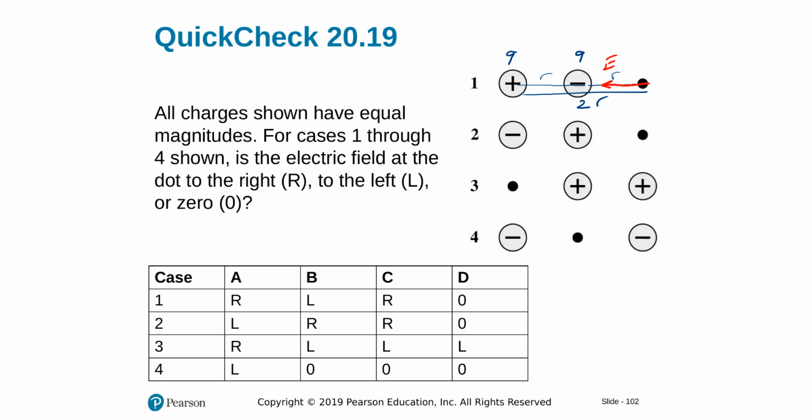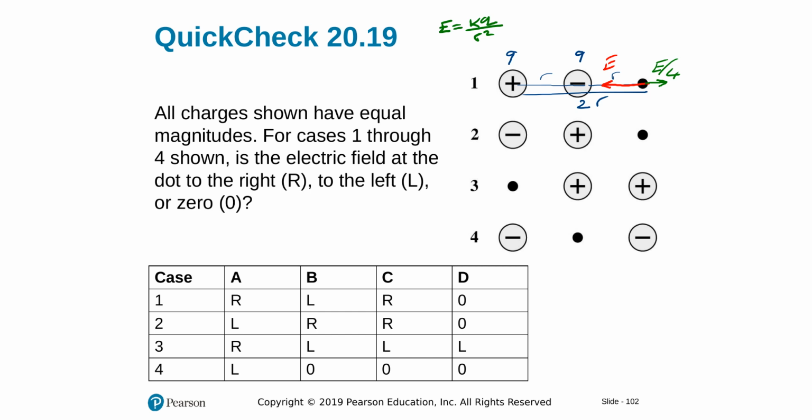Put it as E. And the electric field due to the positive charge, let me use green, will be away, and it will be significantly smaller than E. Actually, E over 4, because here is my equation, kQ over r squared. Double r, 4 times smaller E.